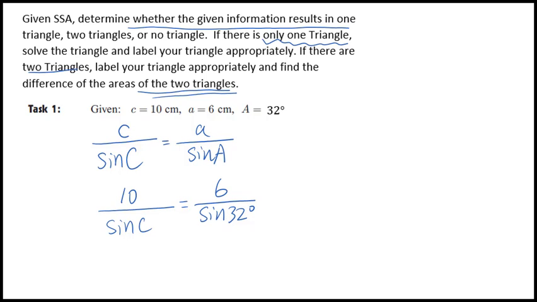Then we do cross multiply. The same line with the variable goes to the denominator. Therefore, you will have sine C equals 6 go to denominator, then 10 times the sine 32 degrees.